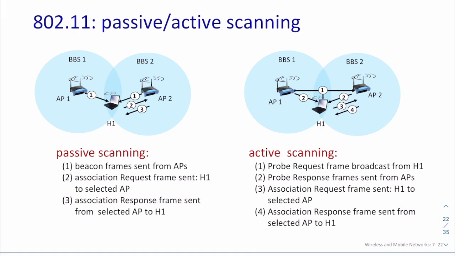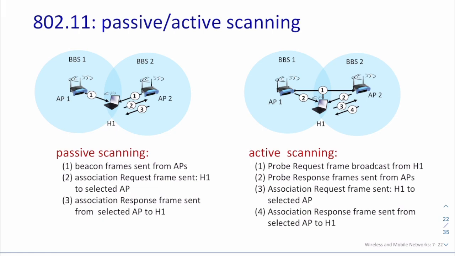Okay, and at the right hand side, if an arriving host does not get the beacon frame, sometimes the arriving host cannot get the beacon frame. That is because you can configure the AP so that it does not periodically send the beacon out, because the access point can hide itself.